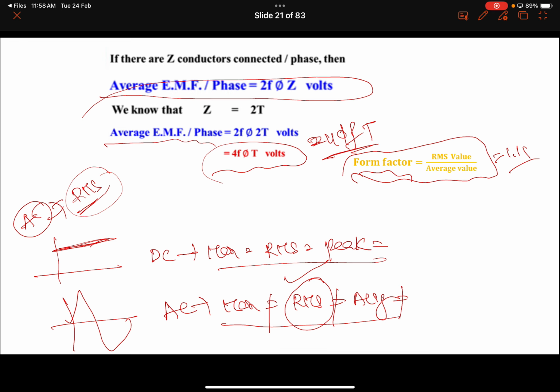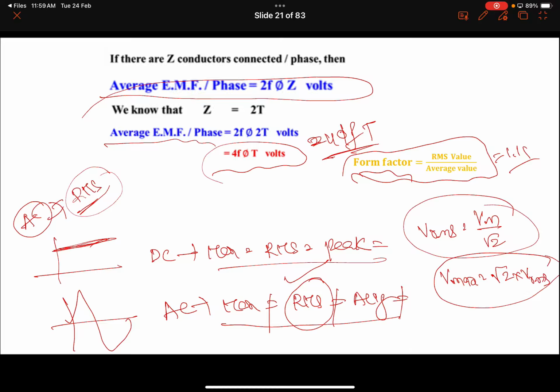VRMS equals Vm by root 2. So can I calculate the maximum value? V maximum equals root 2 into VRMS. Try to understand here. Always we will try to represent the AC values in RMS only. Why am I discussing this? Because I am interrelating the other things also. So 230 volts and everything is in RMS.